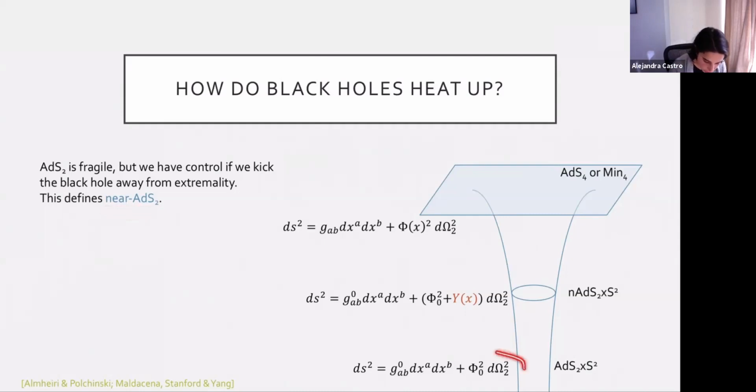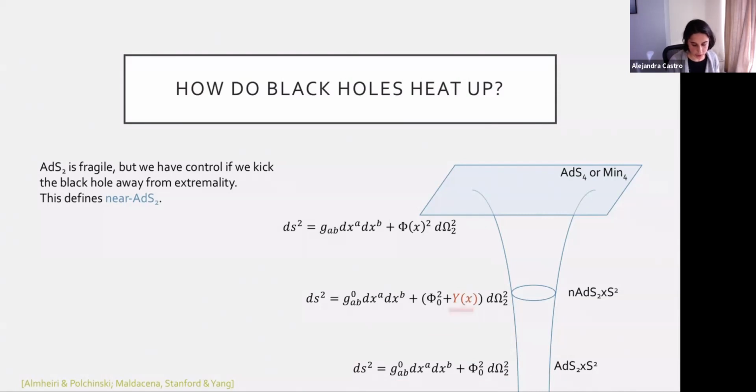So I'm depicting what I'm doing in terms of this background. If in the deep part of the near horizon you have an AdS2 geometry that represents the extremal black hole, I'll be turning on the temperature, and this makes me move away from this AdS2 region. And that's why I'm depicting it by this deformation here.